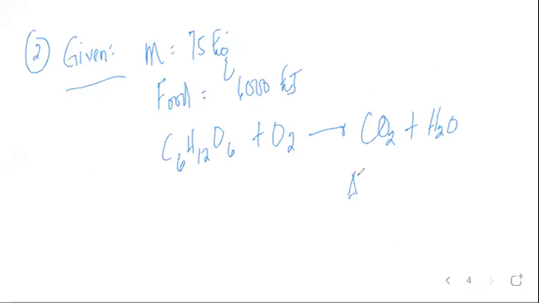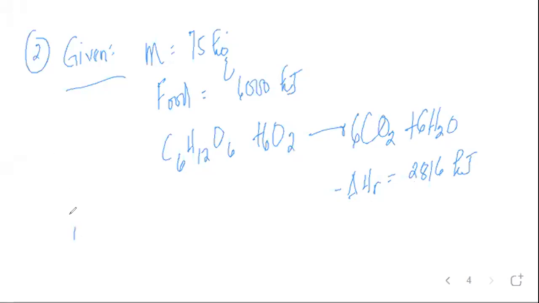Now you have the heat of reaction, which is 2816 kilojoule. Okay, so if we need to balance, we will have here a 6, a carbon, and your hydrogen is 12, so we will have another 6 here, and your oxygen is 12, 18, so you will have a 6 here. You have 6, 18, so that would be 12, 18. So this would be our balanced chemical reaction.